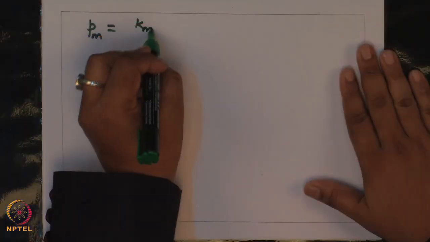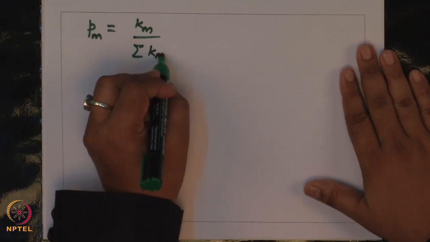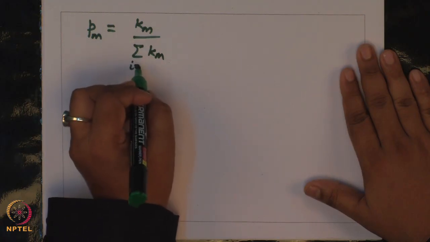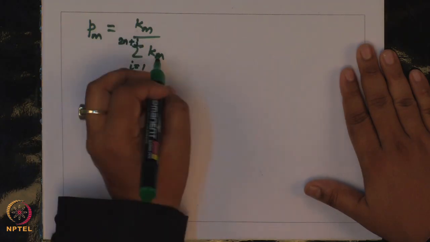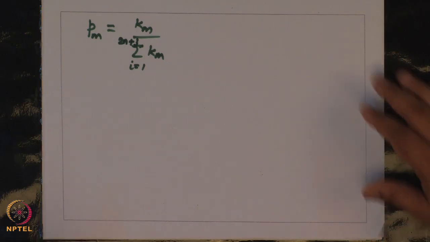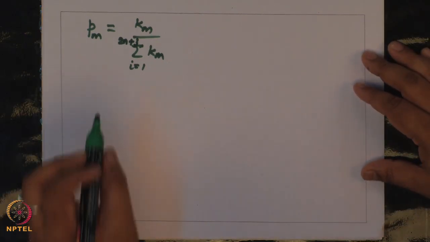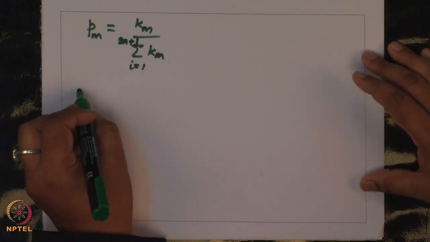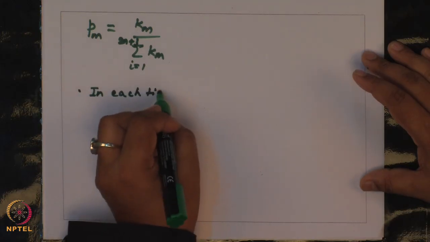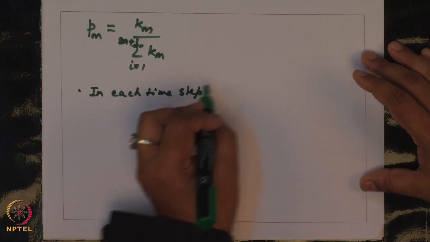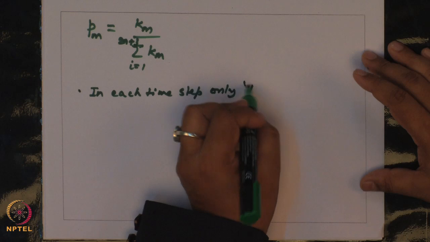Okay. So, I can calculate the probability of an event, P_m, as k_m divided by the summation of k_i over i equal to 1 to 2n plus j. Given these probabilities, in the Gillespie algorithm, in each time step only one event is triggered.